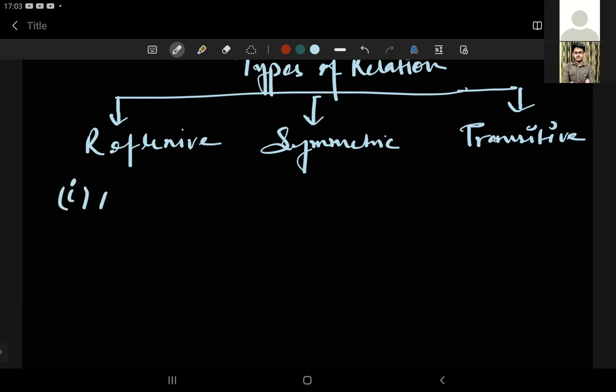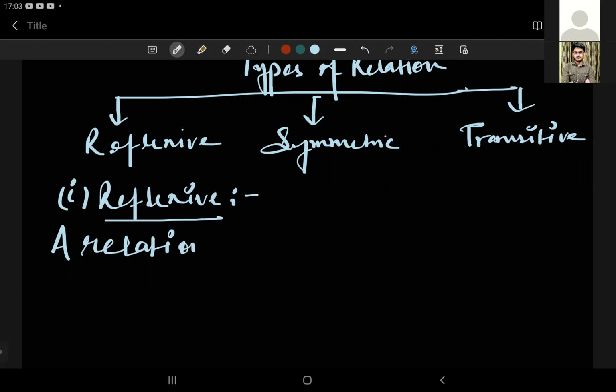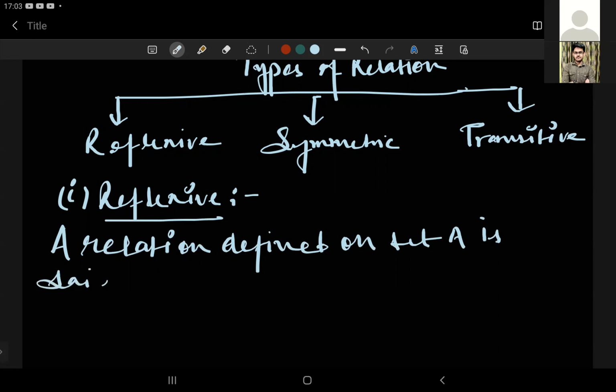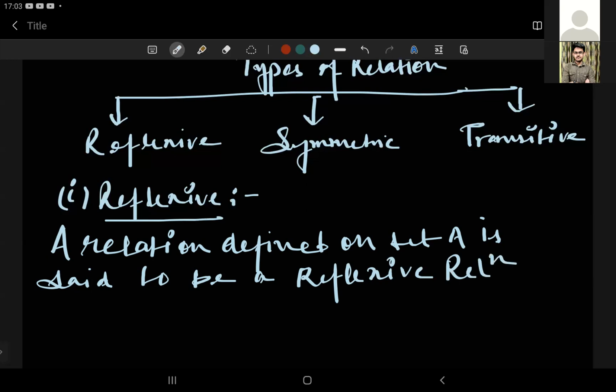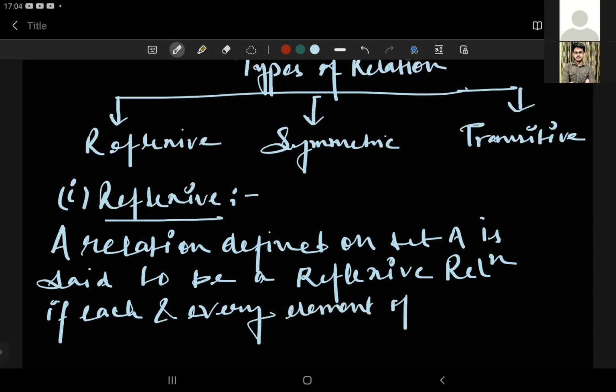So basically, if you go by the definition, a relation defined on set A is said to be a reflexive relation if each and every element of A is related to itself.